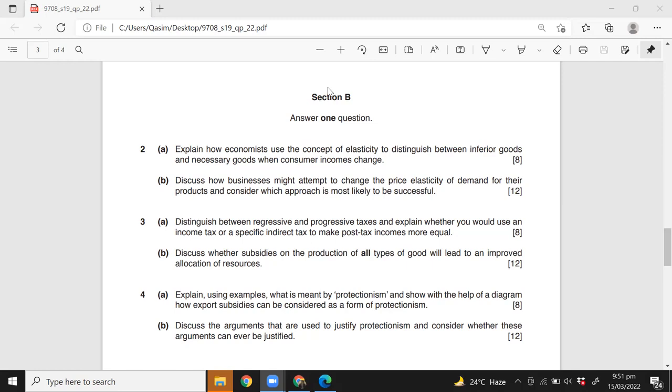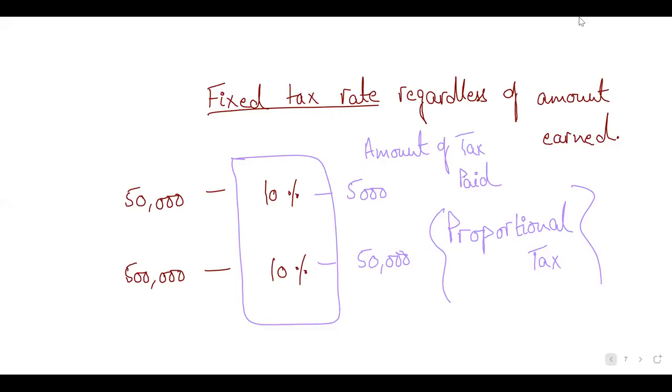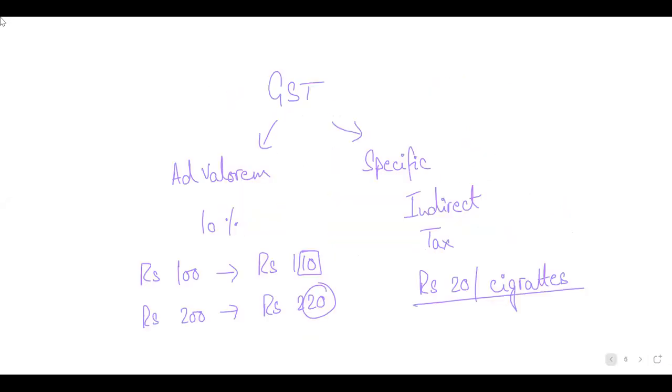Now, if you think about specific indirect tax, we just saw that everyone is paying the same amount. So you go buy groceries, I'm a rich guy, I'm paying 2,000 rupees, let's say, in taxes. The poor guy is also more or less buying the same amount of groceries. He's also paying 2,000 rupees in taxes. But if you think about progressive taxes, as I just explained, the more income anyone earns, the greater the rate of tax, as I was showing you over here.